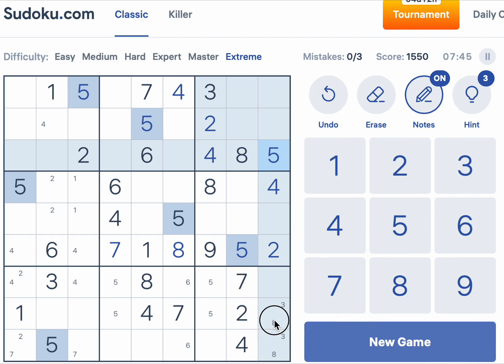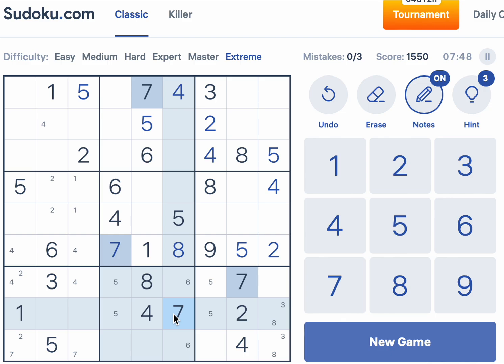Okay. Let's see, anything else we could add based on current notes? Okay, for this block, what we're missing are 2, 3, and 9. Let's add notes. So it could be 239, 239, and 239.